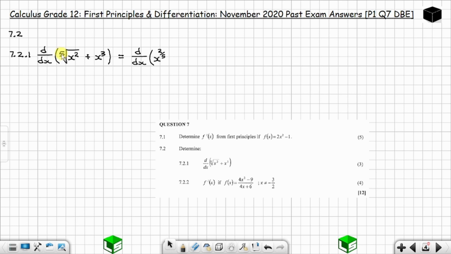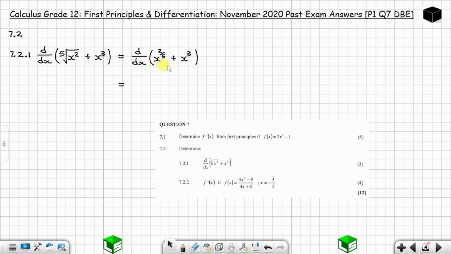You can see you have the fifth root. This is the fifth root. So I can change this into x to the power of 2 over 5. Now I have that fraction. And then plus x cubed. You close your bracket. Now from here, this is simple to find the derivative. I got rid of what? The root symbol. Okay, now let's carry on.